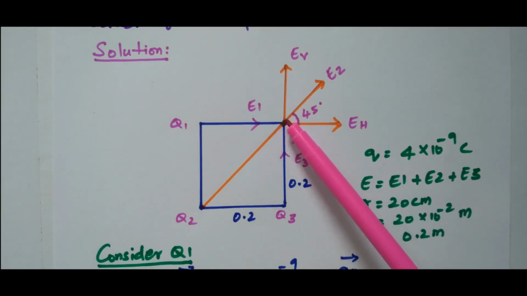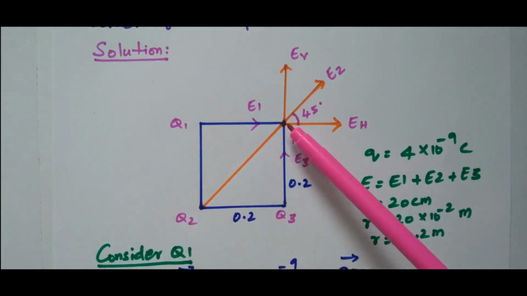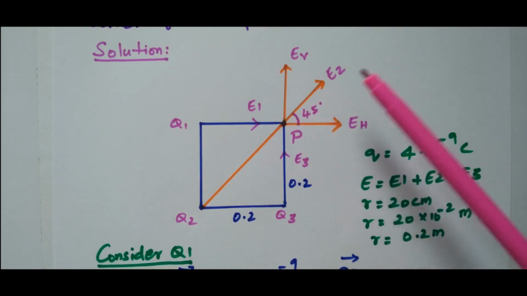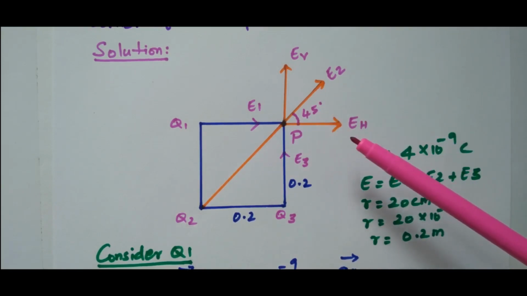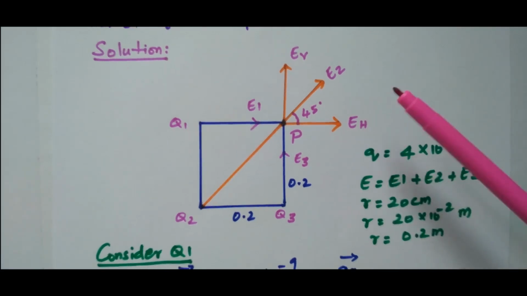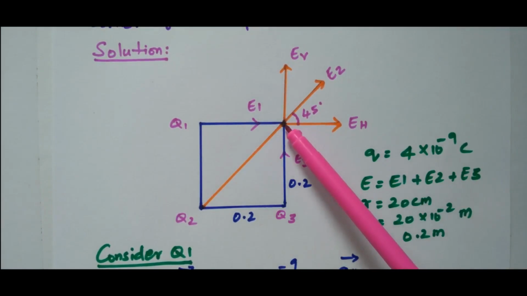The question is, we need to find the electric field intensity at the fourth corner due to Q1, Q2 and Q3, right? So that is nothing but we will take it as E2. We will see one by one. So at this corner, we need to find the electric field intensity.